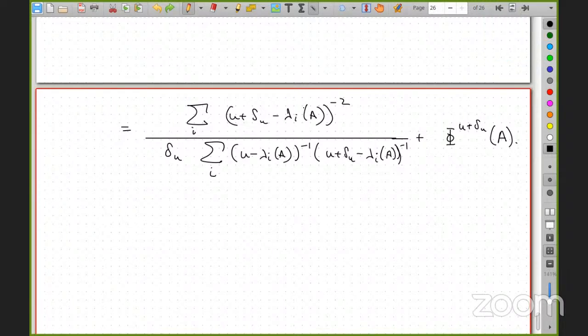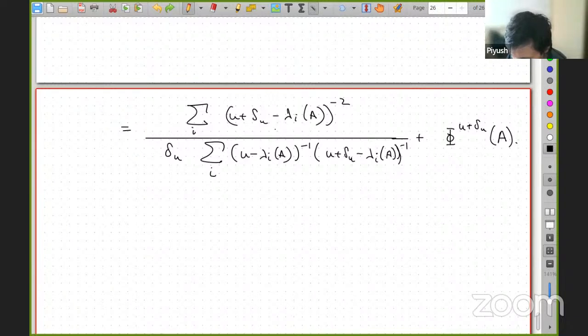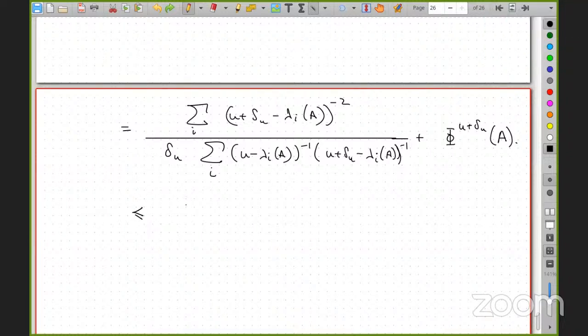The denominator is smaller. If you look at the ith term, you get u minus lambda i. So the first is less than 1 over delta u.